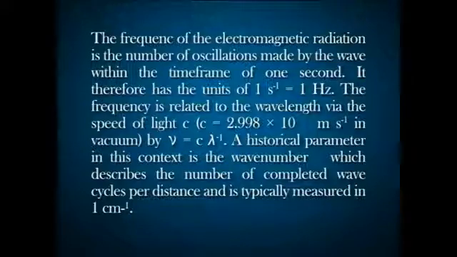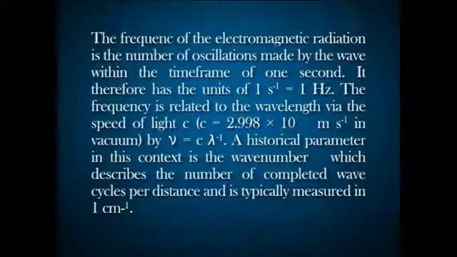It therefore has the units of s⁻¹, which equals 1 Hz. The frequency is related to the wavelength via the speed of light c. c equals 2.998 × 10^8 m s⁻¹ in vacuum, while ν = c λ⁻¹.